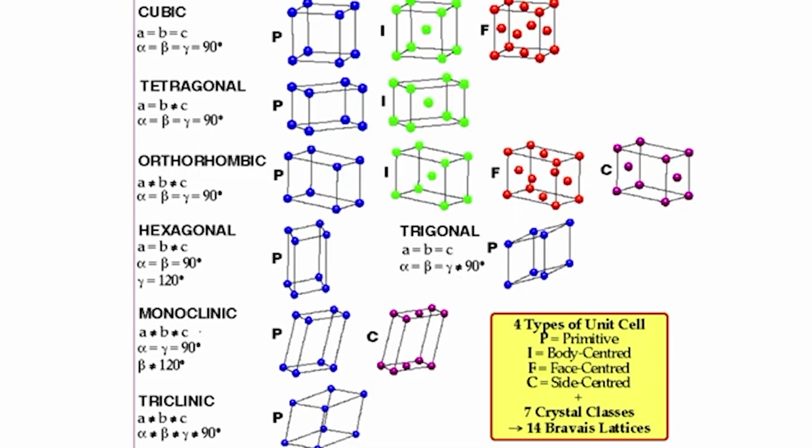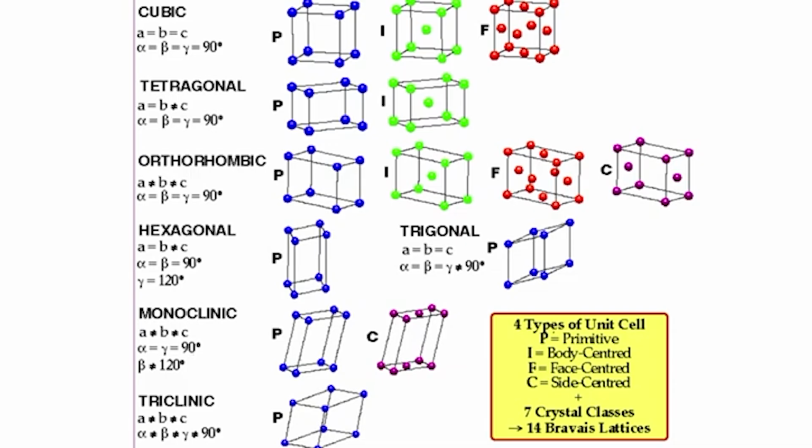We have monoclinic, where none of the sides are equal, but alpha equal to gamma equal to 90 degrees and beta not equal to 120 degrees, which is the difference between the hexagonal and the monoclinic. Remember, A, B, C are the lattice spacings in the x, y and z directions, and then there are triclinic and so on.